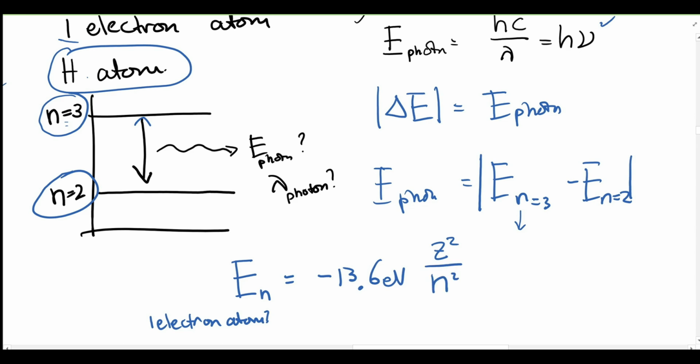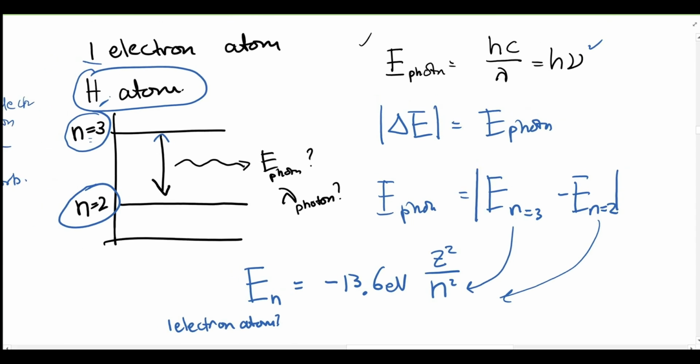And what we're going to do next is simply put in n equals 3 for one of them, and n equals 2 for the other one, and because a hydrogen atom is defined as having only one proton, Z equals 1.